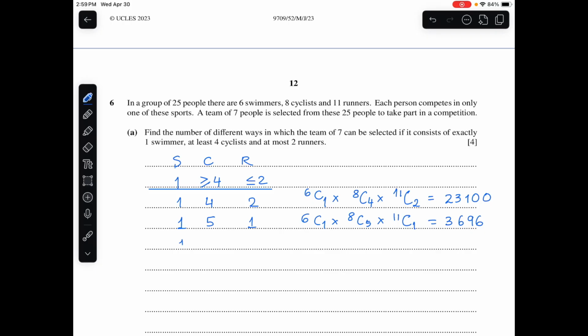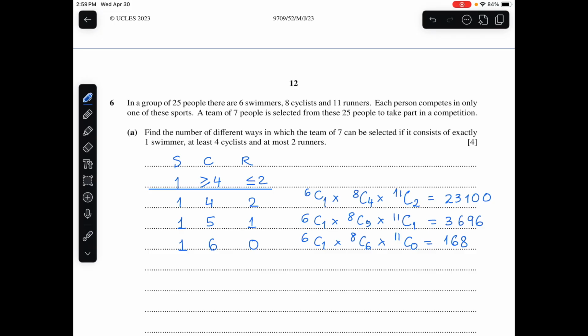All right. So let's say we have 1 swimmer and we have 6 cyclists and 0 runners, because it's less than or equal to 2. So we can have 0 runners, right? So 6C1 times 8C6 times 11C0. This works out to be 168.